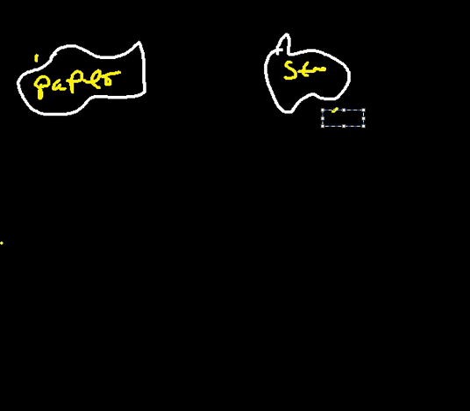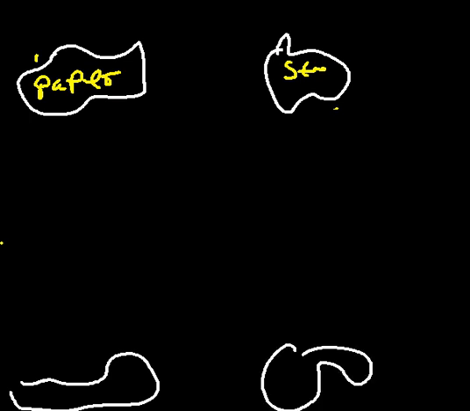Upon releasing the two, they will land at the same time. The paper will land on the ground, and at the same time the stone will also land. In other words, they have the same acceleration.